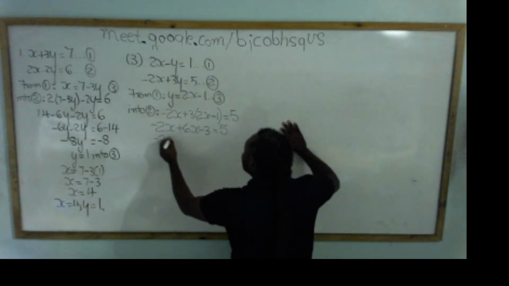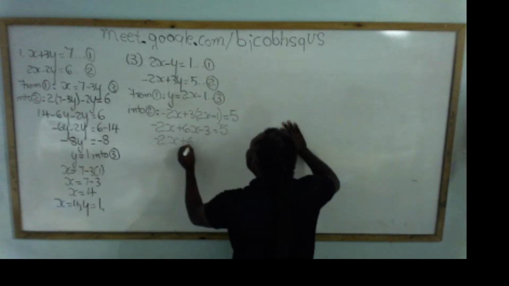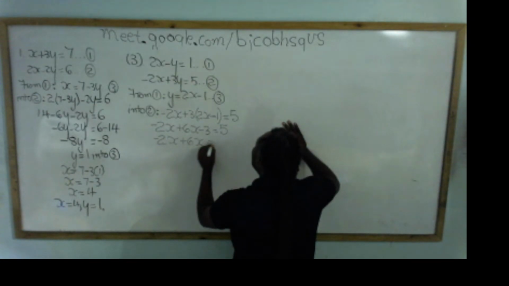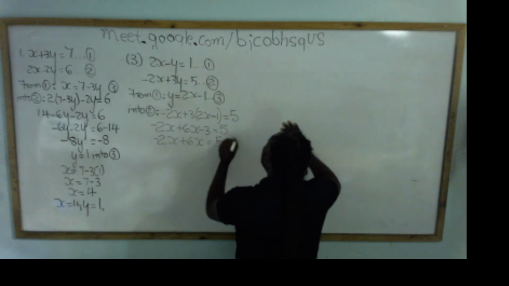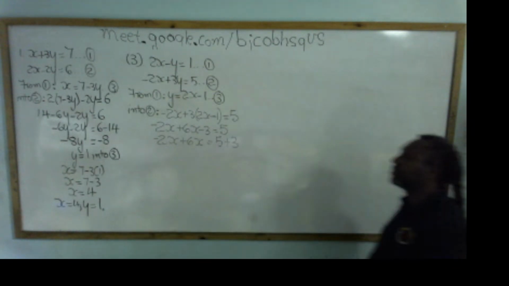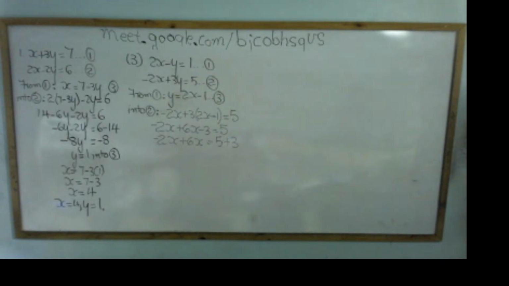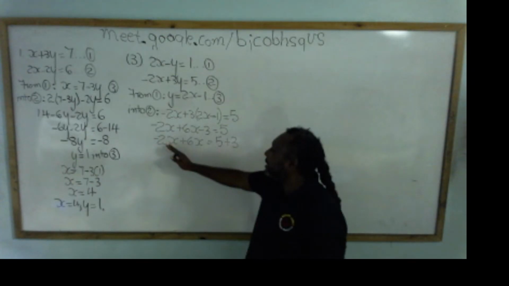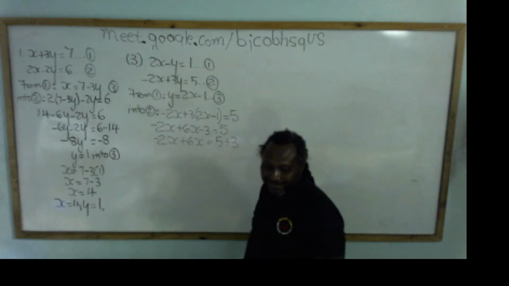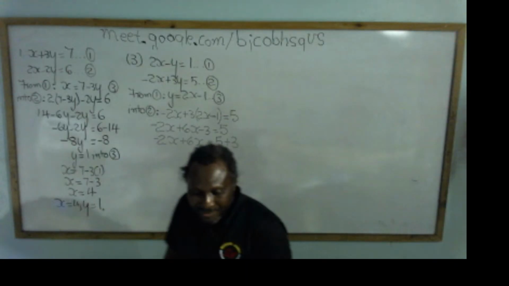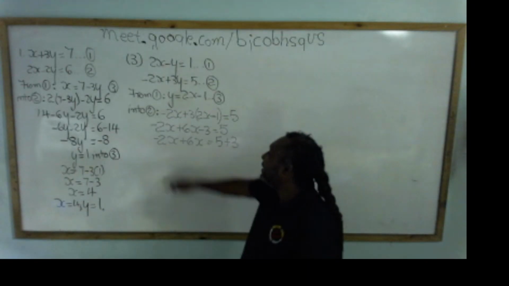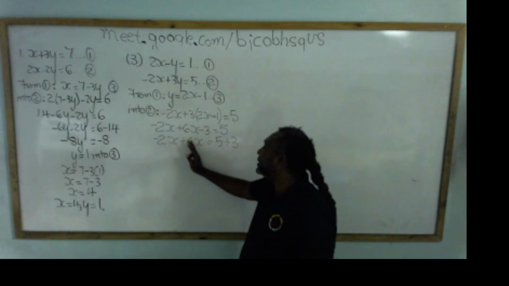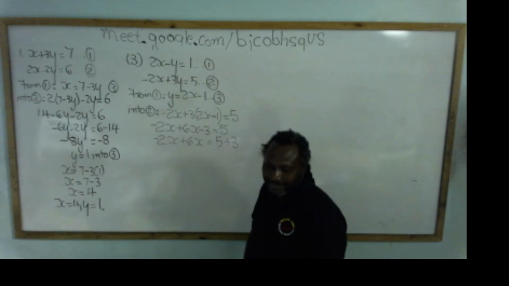Negative 2x plus 6x is equal to 5 plus 3. So negative 2x plus 6x, can somebody give me the answer for that? I will do the right hand side.